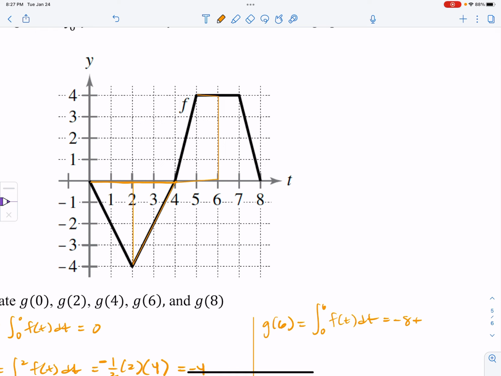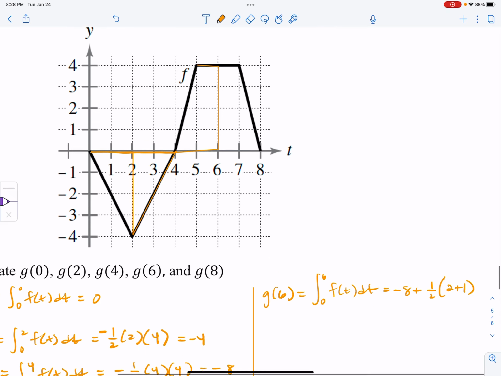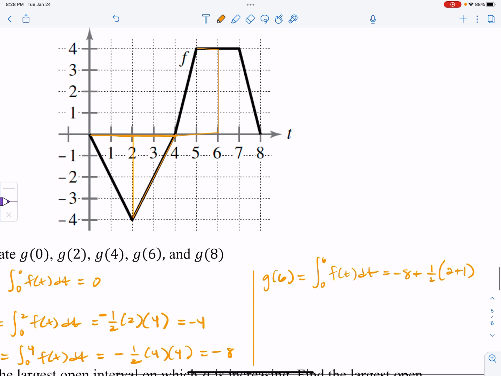Okay, so that's going to be 1/2, and then 2 plus 1 times the height is 4. So that's -8 plus 6, so -2.